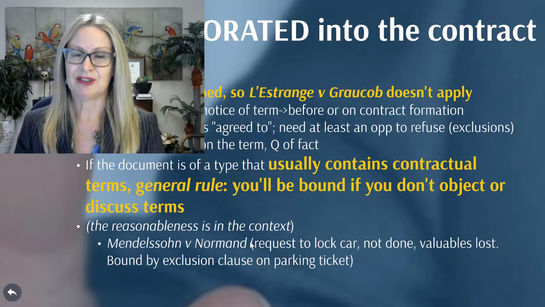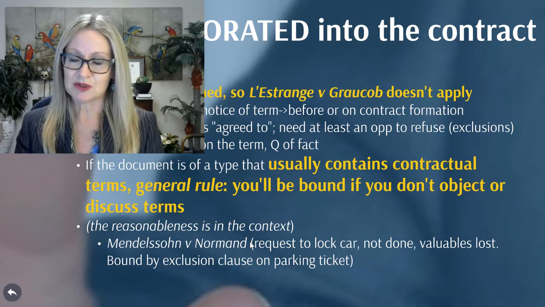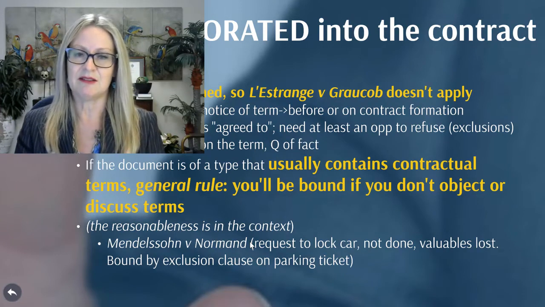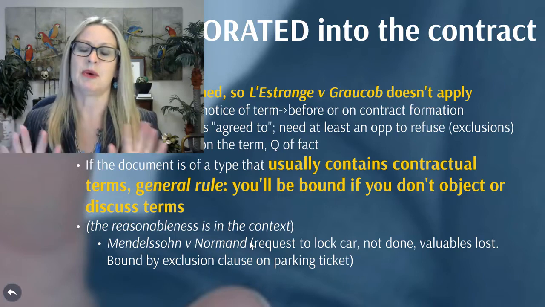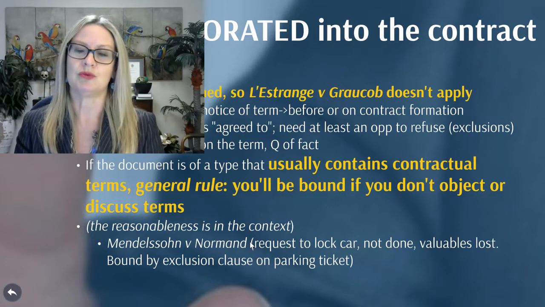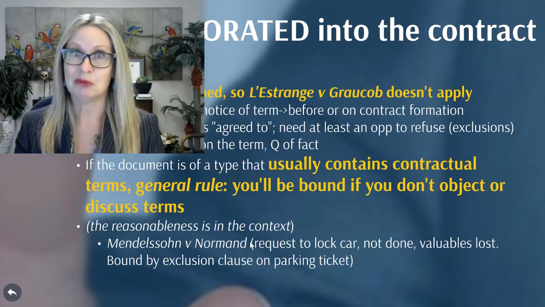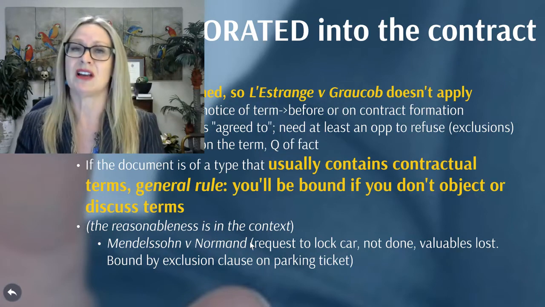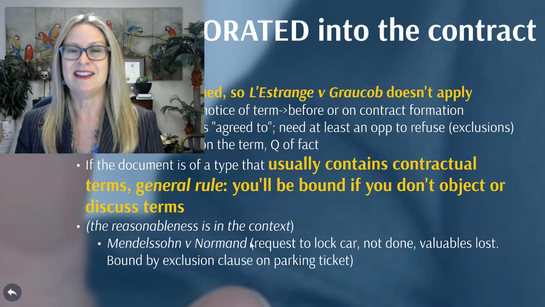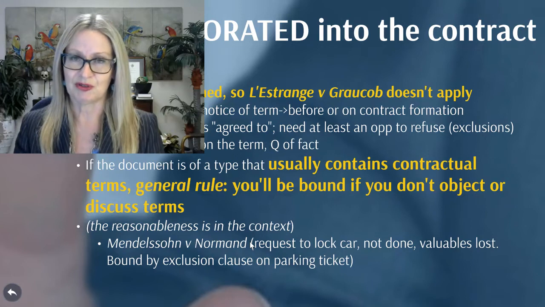The person parking their car was going to lock the car. The parking attendant said, no, don't worry about it. I'll get in, I'll park your car for you, and we'll do it that way. And the car owner said, well, I really want to make sure that you lock the car because there's valuables in there. You can imagine what happened. They forgot to lock the car.